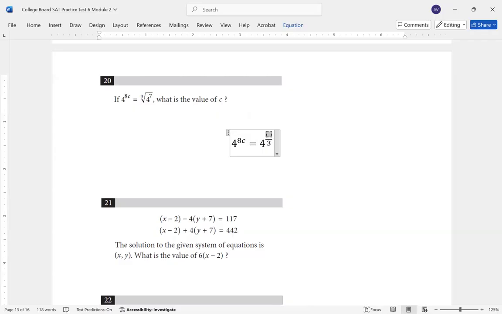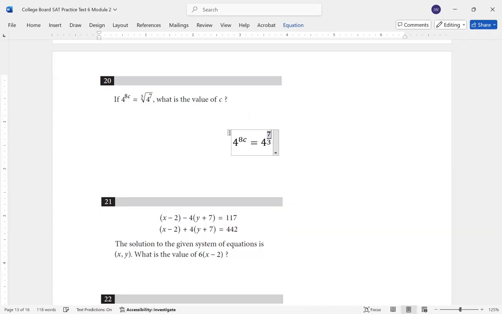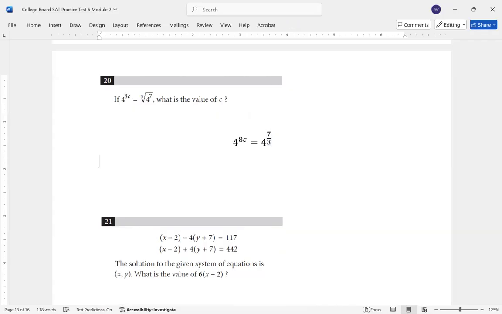When I take 4 raised to the 7th power and then I take a cube root, that's going to be a fraction of 7/3 as my exponent of 4. That's just one of the rules of exponents and how it relates to radical signs. So square roots, cube roots, fourth roots.